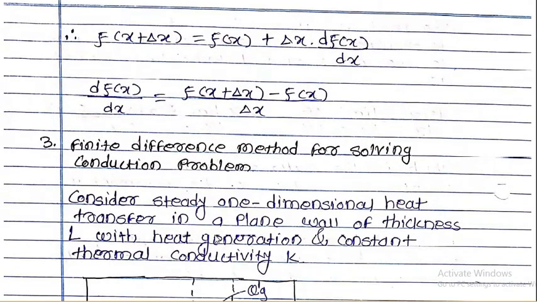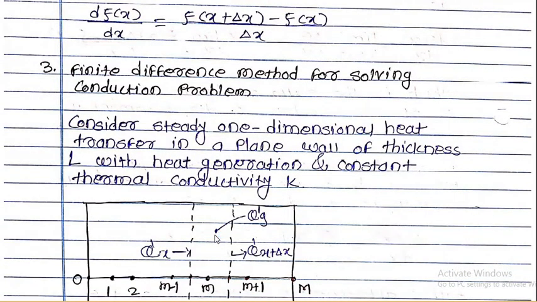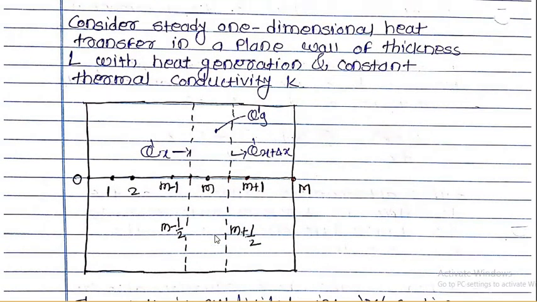Now the third point of this chapter is the finite difference method for solving conduction problems and boundary convection problems also. For that purpose, we have considered steady state one-dimensional heat transfer in a plane wall of thickness L with heat generation and constant thermal conductivity k.